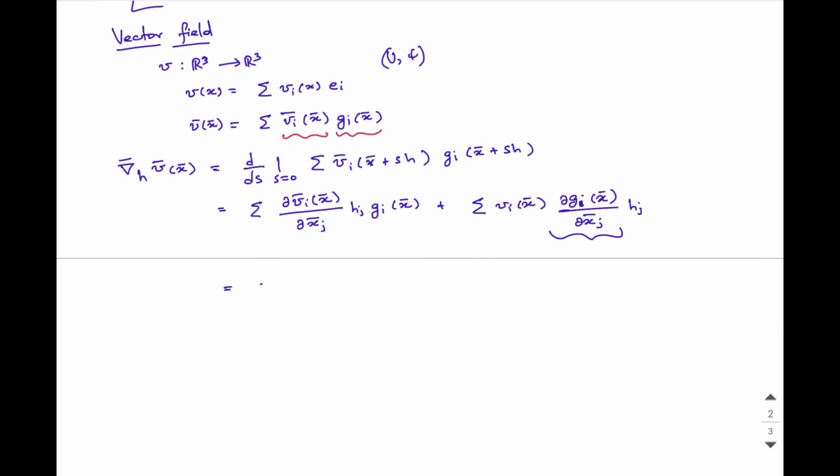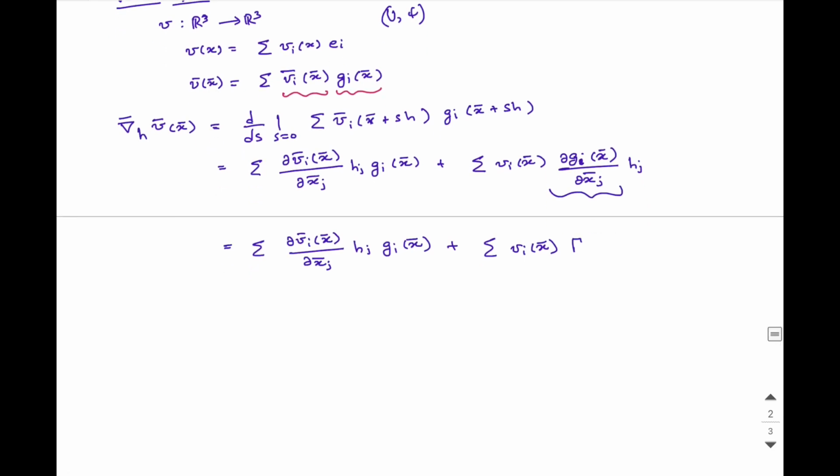So we can write this as the partial v bar i at x bar over partial x bar j, h_j g_i of x bar, plus the summation of v_i of x bar, and this can be written in terms of Christoffel symbols as v_i of x bar gamma^k_{ij} g_k h_j, and now notice that this has h_j and g_i, whereas this has h_j and g_k.